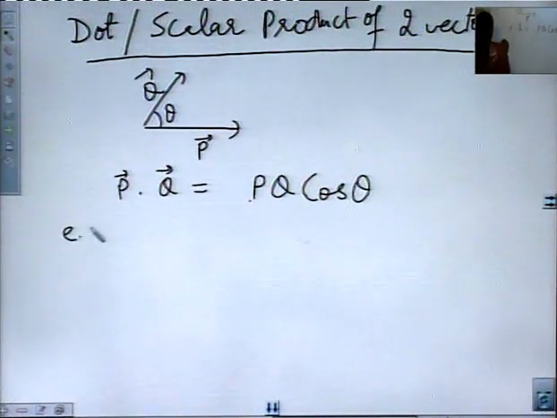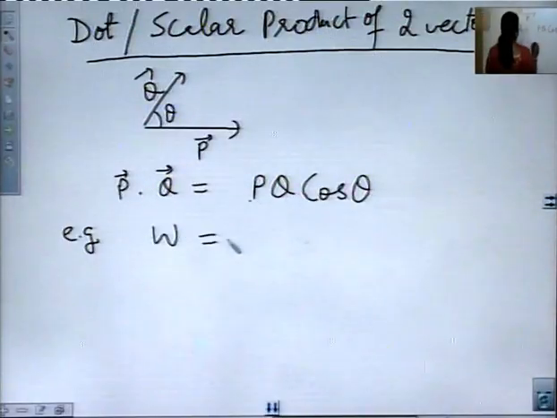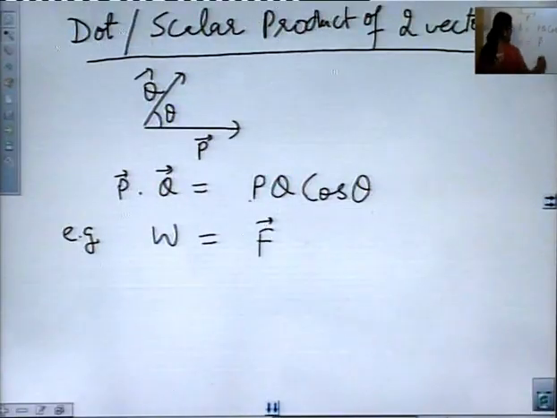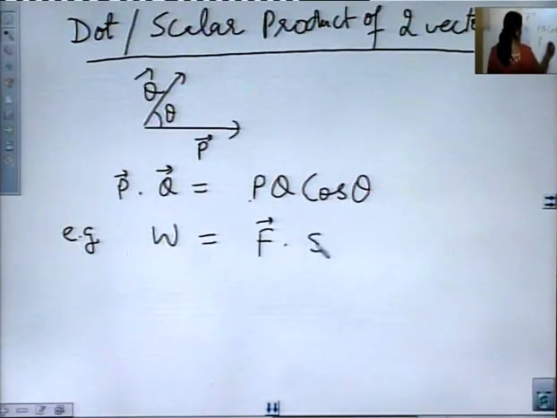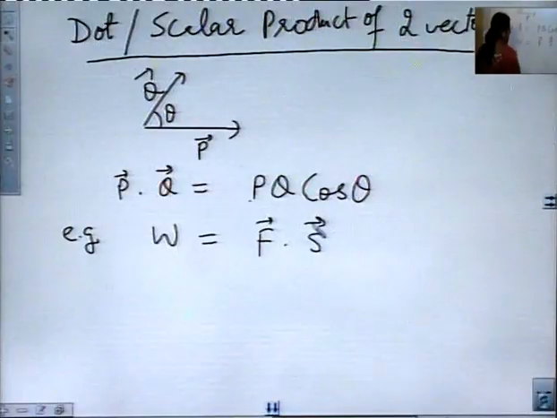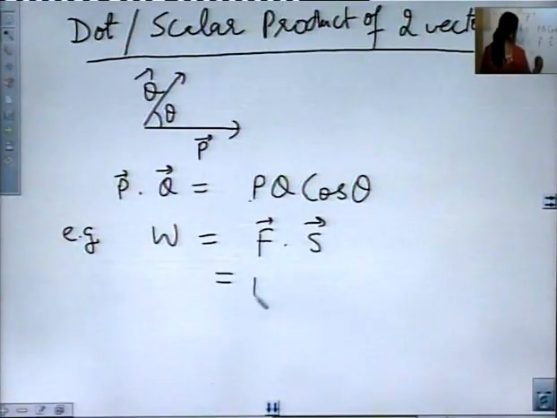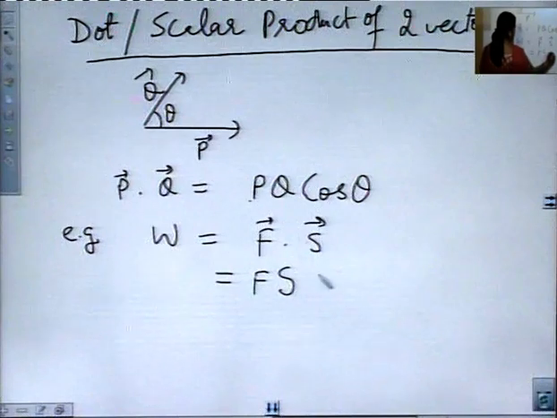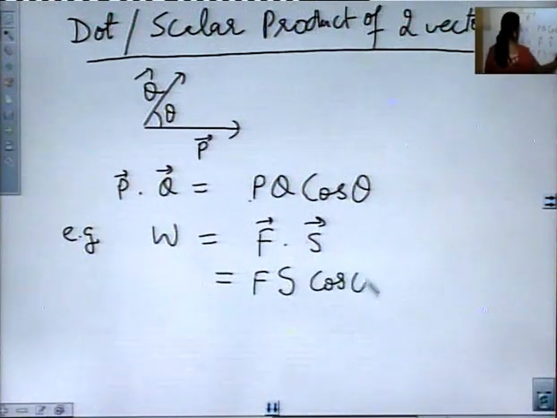For example, the examples of scalar product are work done. W is the scalar product of two quantities F and S. F is a force vector and S is displacement, and so work done is equal to Fs into cos theta.